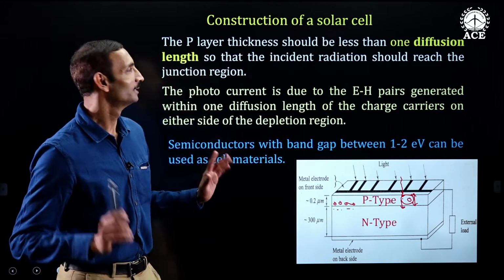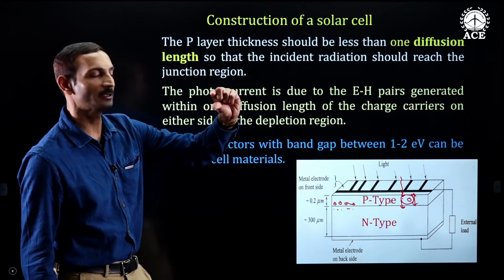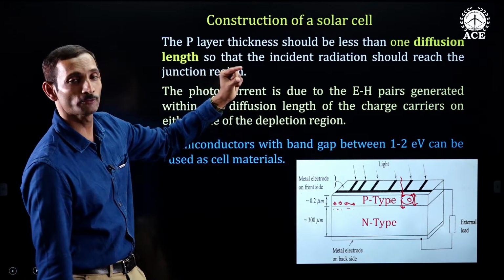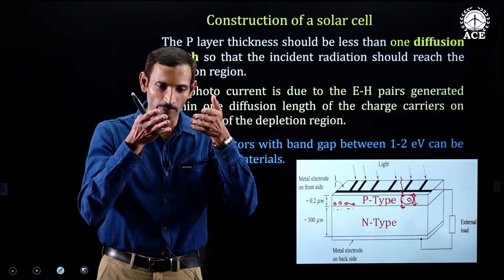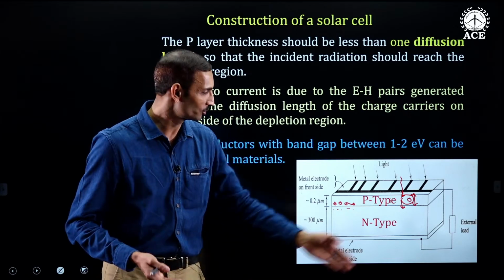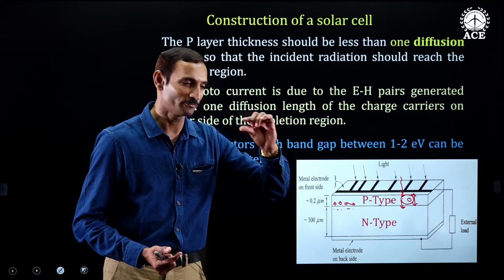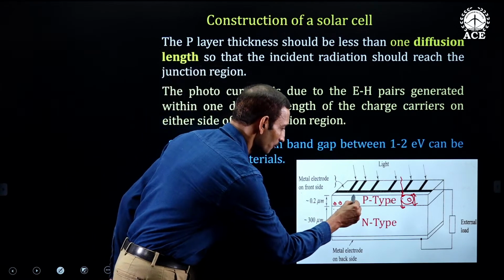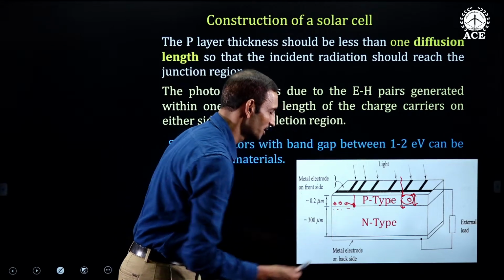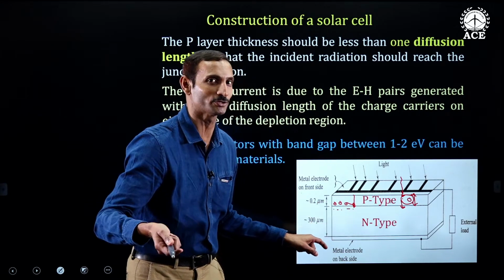So now understood? Why should the thickness of the p layer be less than the diffusion length of the charge carriers? Because the charge carrier so produced should be in a position to travel at least towards the junction. If the thickness is less, then a charge carrier produced at the top would definitely travel this distance, because this distance is less than the diffusion length.